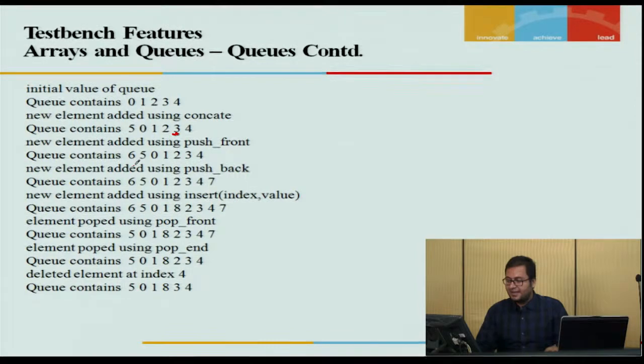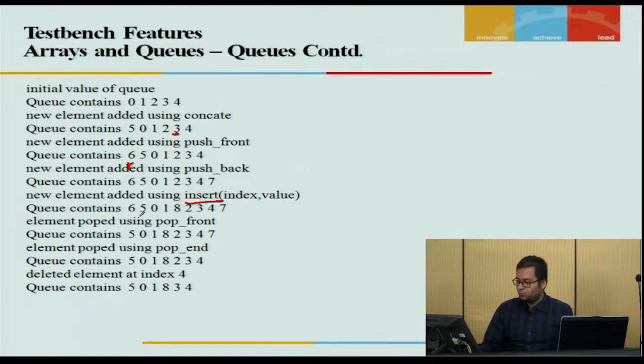Then 6 was added by using push front, so 6 is now at the 0th location, and the whole 5 0 1 2 3 4 has been shifted towards the right. Then 7 was added with the help of push back, and it occupied the 8th location. Now there was a function called insert, and at the 4th location 8 was inserted.